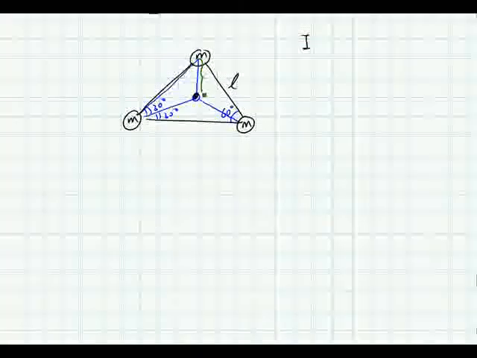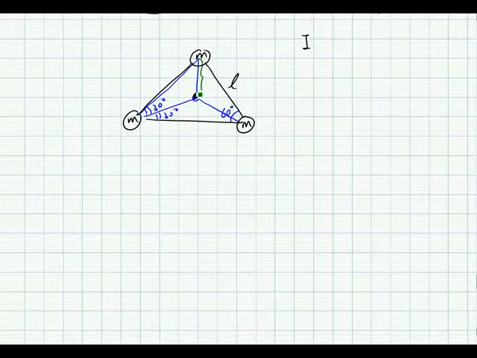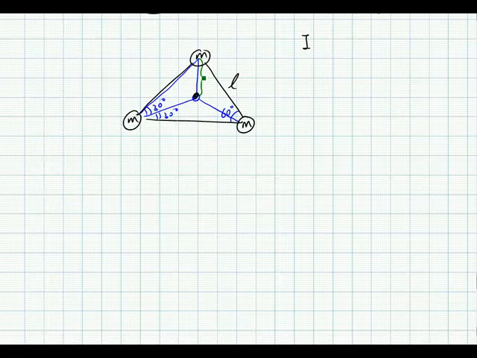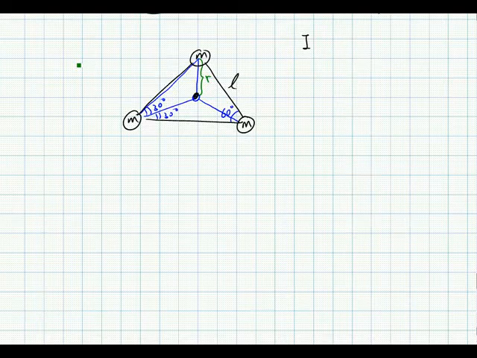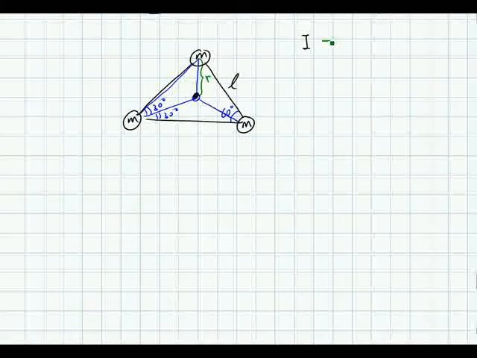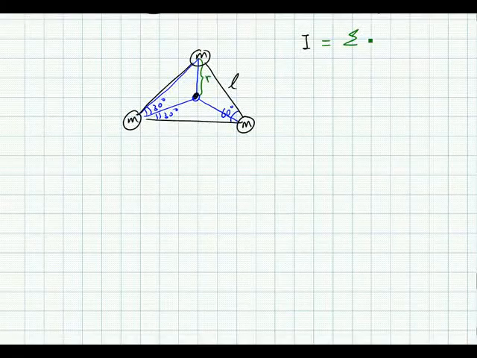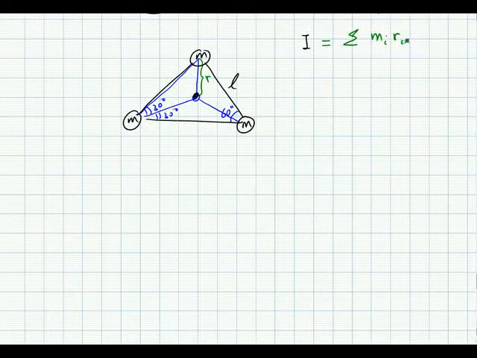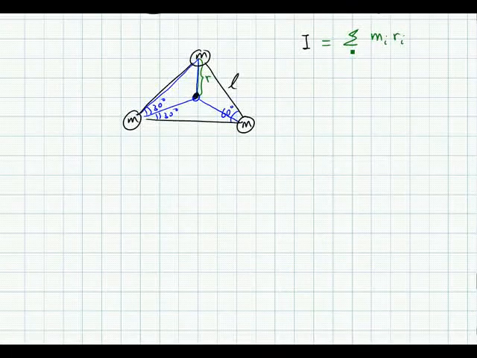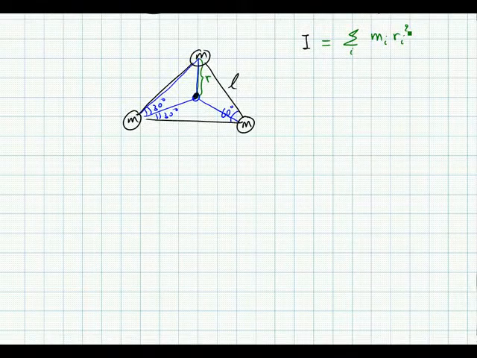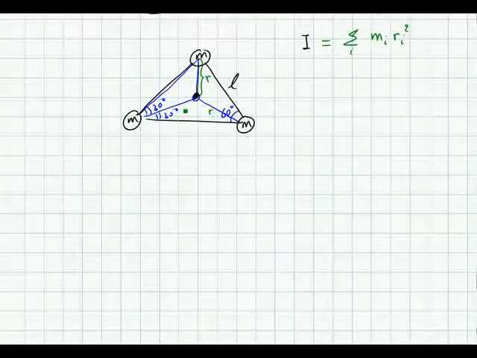And if that's a 30-degree angle, then this distance right there is called R. To figure out R, why am I interested in figuring out R? Because moment of inertia is the sum of each mass multiplied by its perpendicular distance to the rotation axis squared. So R's are the same in each case.